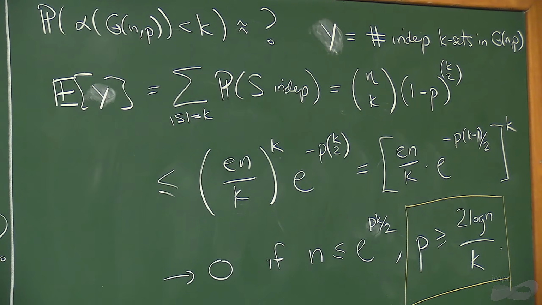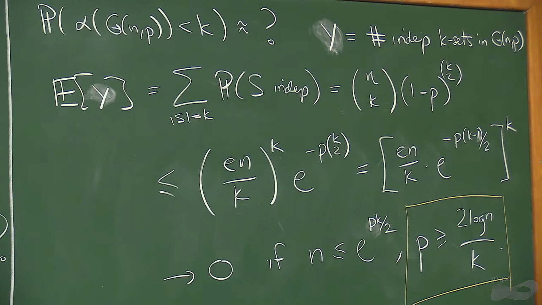How large is k? k is like n to the 2/3. So this failed badly. There's no such p.